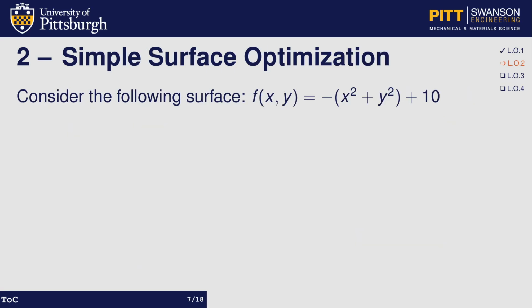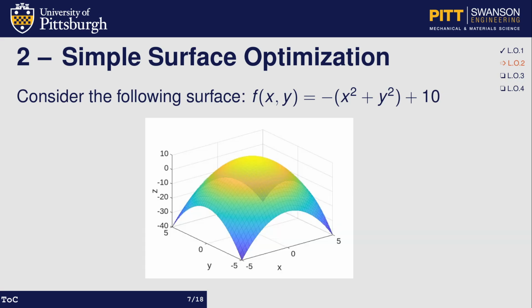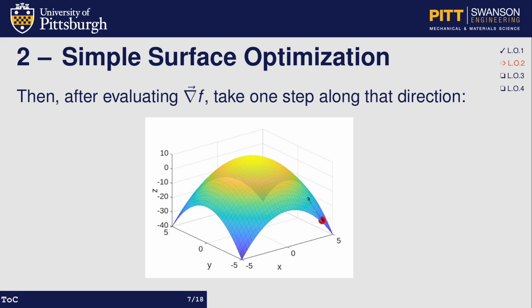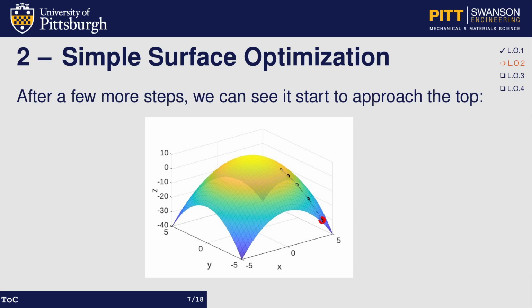If we consider the following surface, f of x and y is equal to negative x squared plus y squared plus 10, it gives us this three-dimensional surface. If we start with a random point, denoted here with a red circle, and then take a step following the gradient of f along that direction, we can take a couple more.